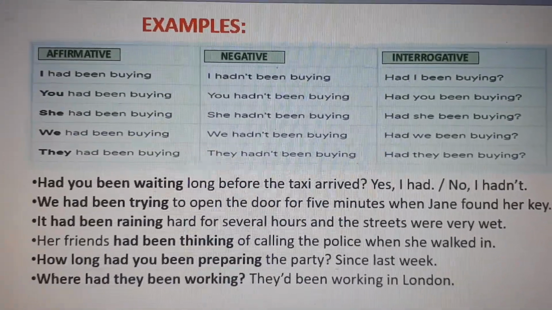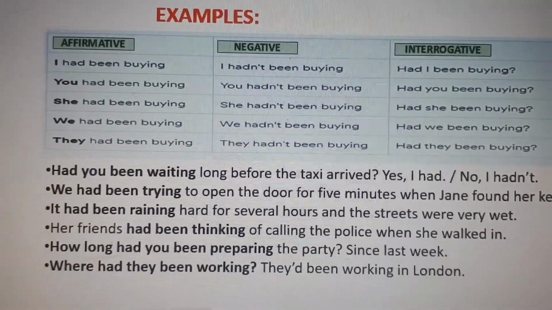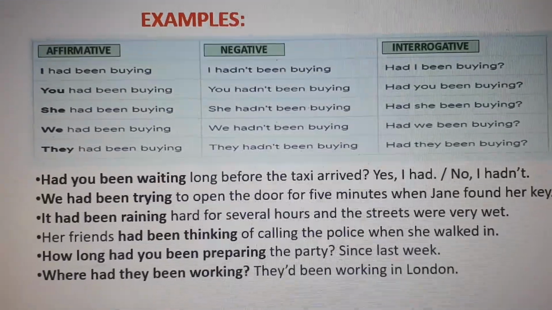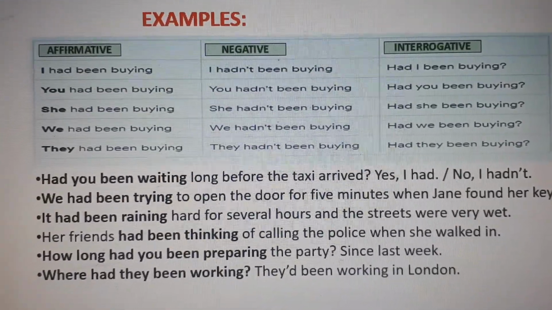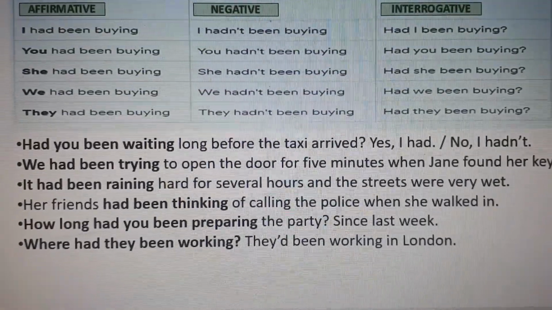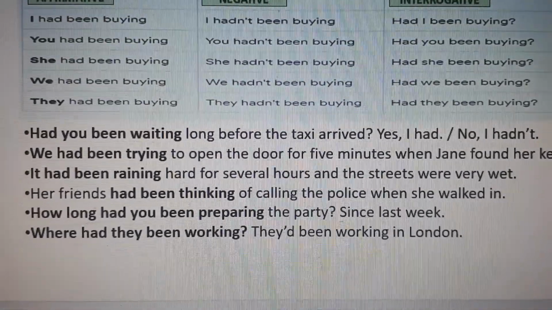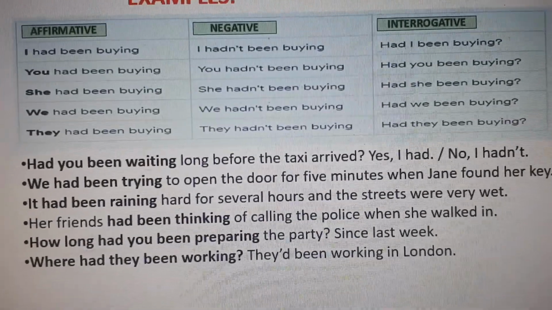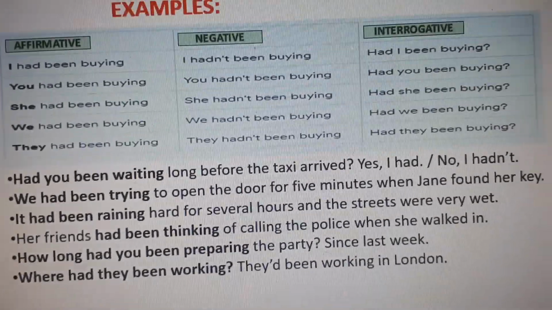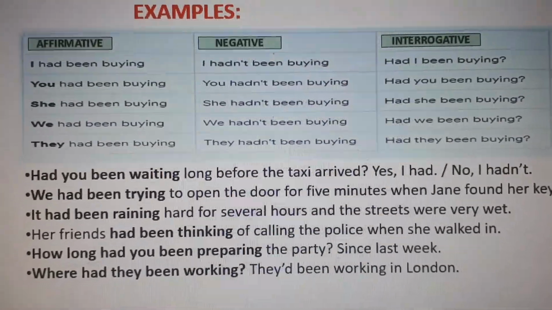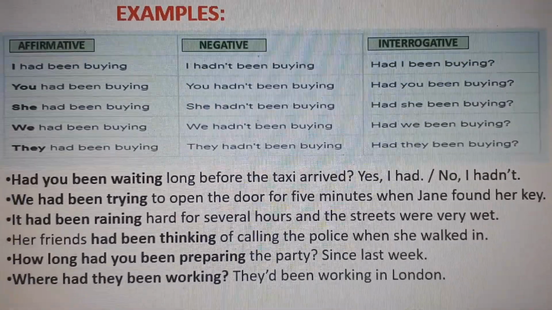If it is a statement, it's a pronoun plus had or hadn't in negative, plus been, and then the action with ing. If it is a question, we need to begin with the auxiliary. Had you, had she, had we, had the students, and then been, and then the action with ing. If you ask with had, you need to answer with had.